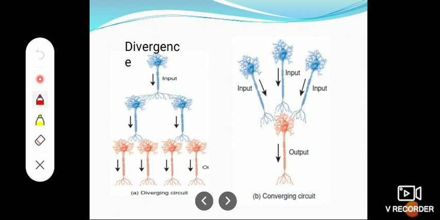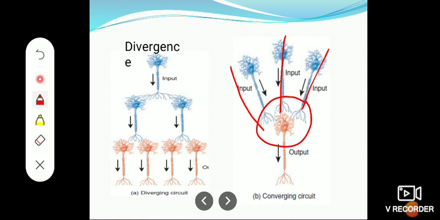Similarly, there can be convergence also. Take an alpha motor neuron. On this, so many descending tracts will converge. We'll have a convergence of the corticospinal tract, of the vestibulospinal tract, of the olivospinal tract. Like this, so many inputs can excite one neuron. This is called convergence.